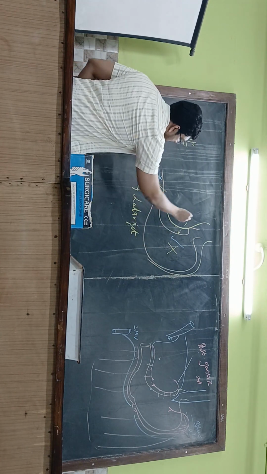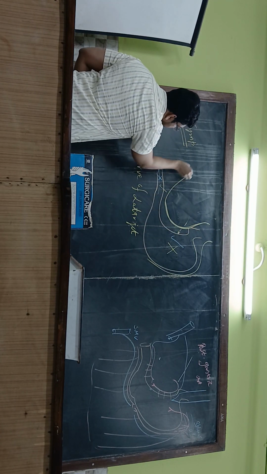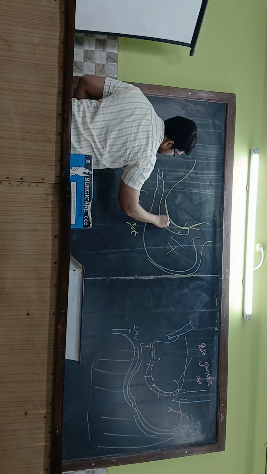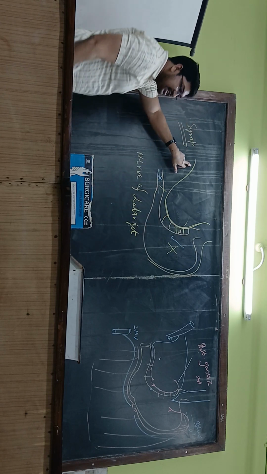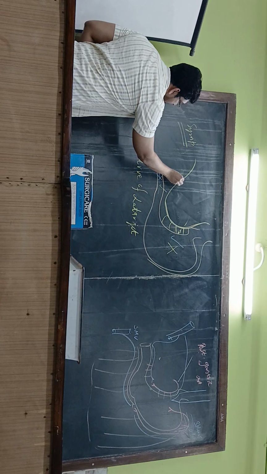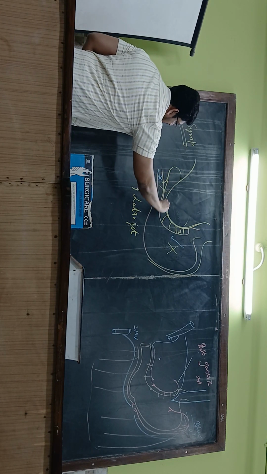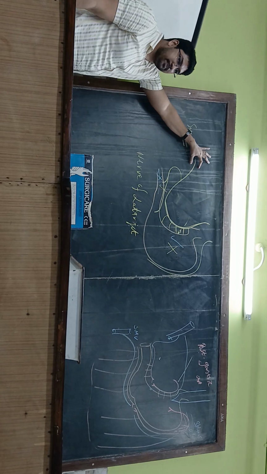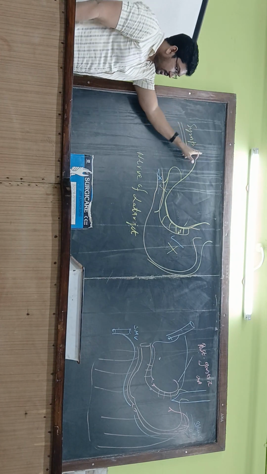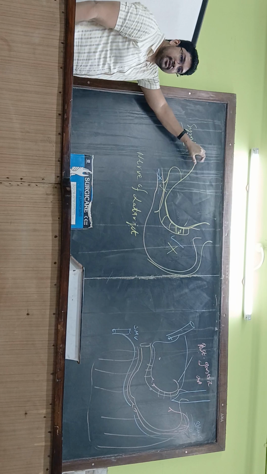Okay. For example, this is the right vagus nerve. It will be divided into which nerves? Hepatic branch and gastric branches over here. This hepatic branch again divides into ascending and descending branches. The ascending branch will be supplying the liver. What is it supplying in the liver?